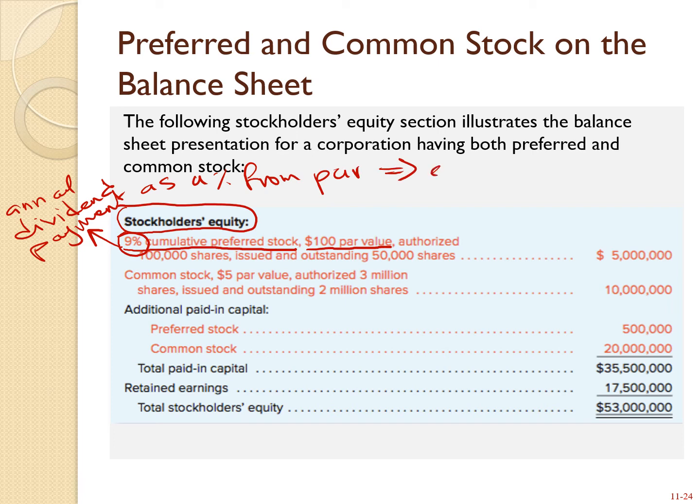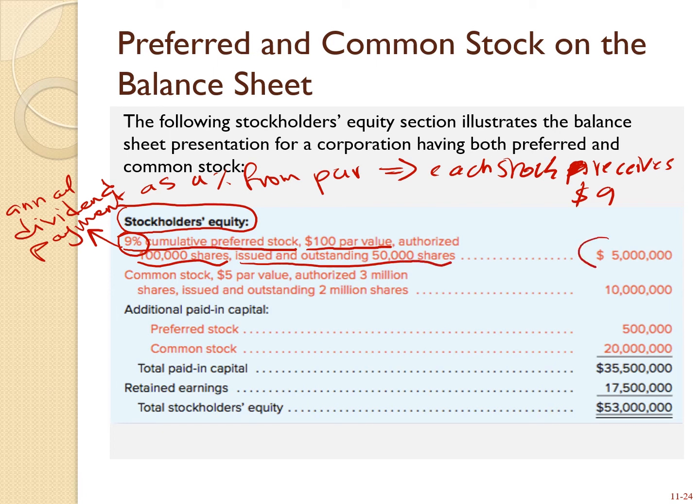It means that each preferred stock receives 9% of the $100. It's $9. And it's cumulative. It carries forward. If it's not paid in year 1, in year 2 you will pay $18 per stock and not 9 only. Authorized to issue 100,000 shares, and the outstanding are 50,000 shares.